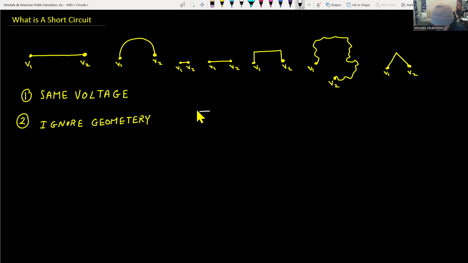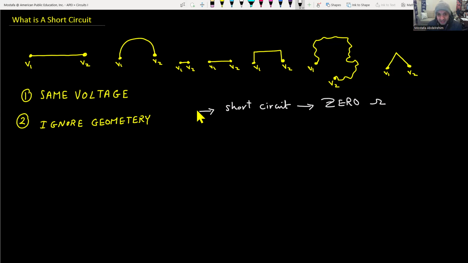Any short circuit has 0 ohms, zero resistance. That's one of the fundamentals of a short circuit. Another two notes or observations here.